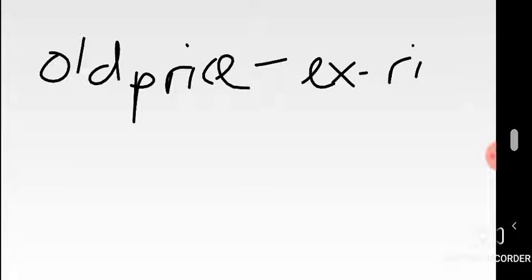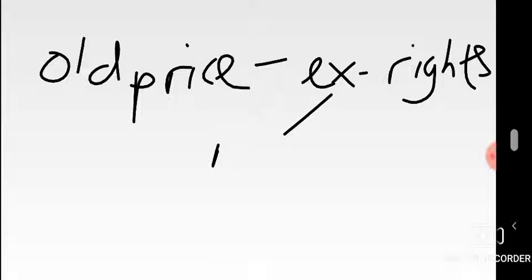So the value of a right has 3 ways actually. It's equal to the odd price, the one we talked about, which is 40, minus your X right. Some books say X right price. Now people would ask, what's X right? Because we haven't talked about it. X right is just the new market price.